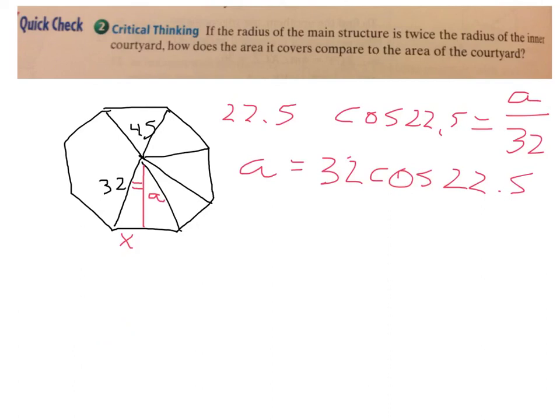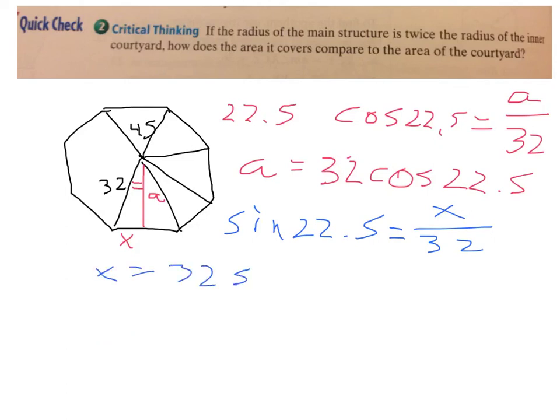To get x, we're going to use sine. Sine of 22.5 equals opposite over the hypotenuse, 32. So x is going to equal 32 times the sine of 22.5.